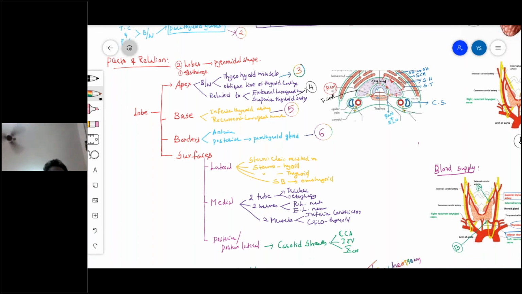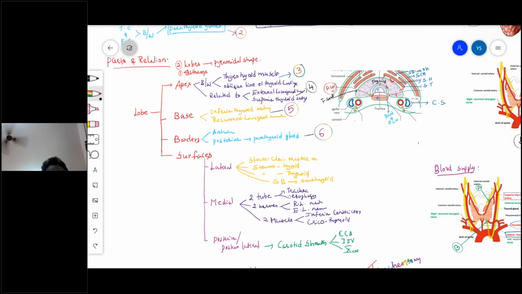That's number 4. Number 5, during thyroid surgery, we ligate the inferior thyroid artery away from the base. Because near the base, the inferior thyroid artery is crossed by the recurrent laryngeal nerve.